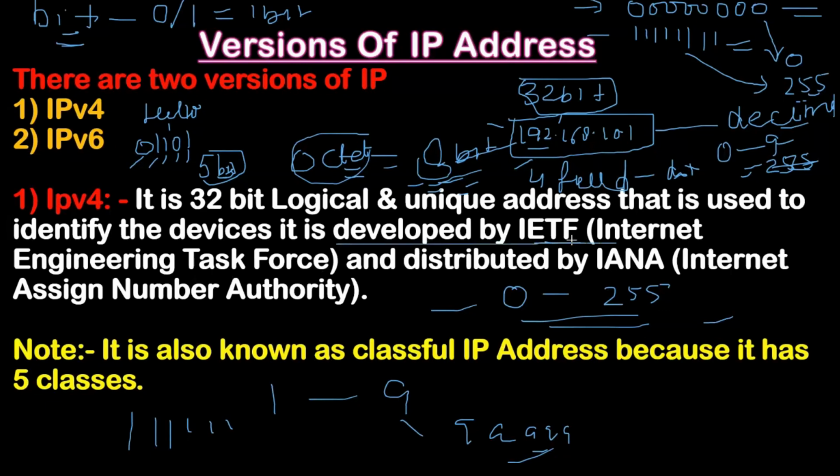After that, they gave the responsibility to distribute that IP address to the world, to every device, to every company, to every organization, to IANA. IANA is the Internet Assigned Numbers Authority. And then IANA decided that we have to divide that range from 0 to 255 into some classes so that it will be easy to distribute IP addresses.